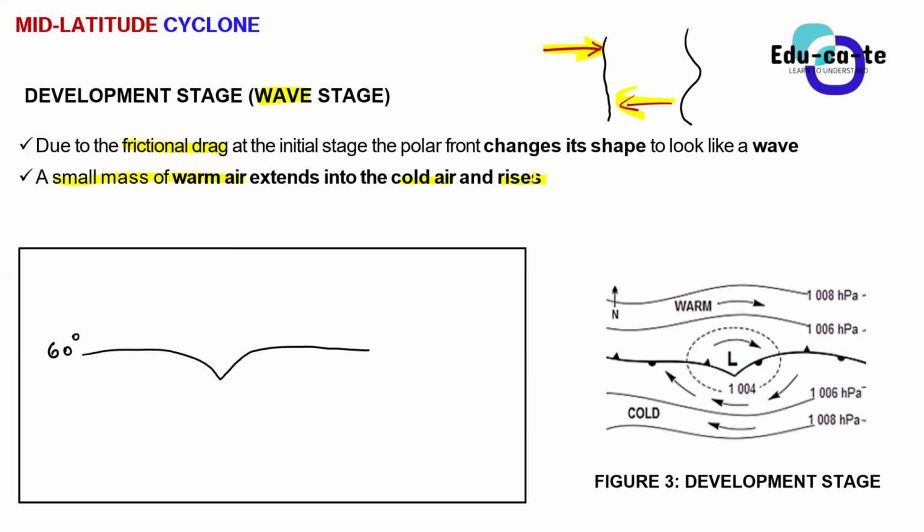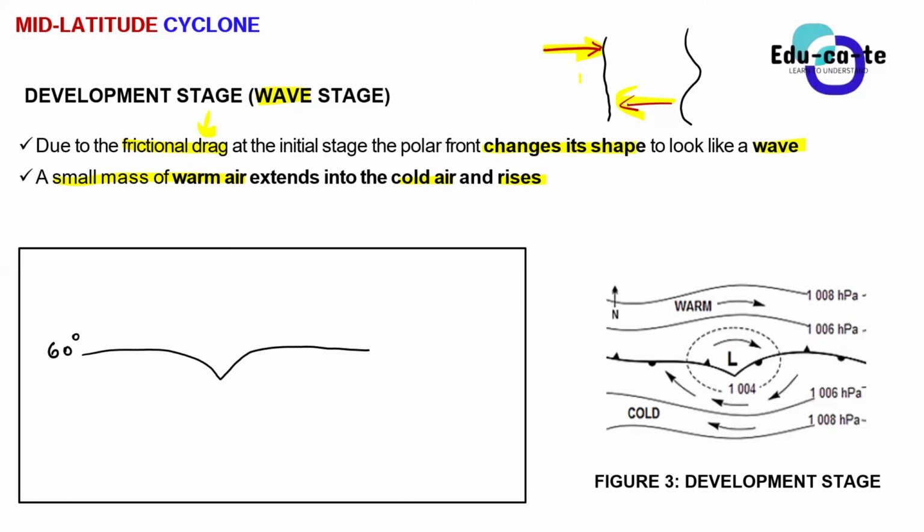Yes, exactly. So basically, the polar front is changing its shape to form a wave because of that frictional drag between these two air masses. Oh, okay. Do you kind of understand how it works using that example of punching something?